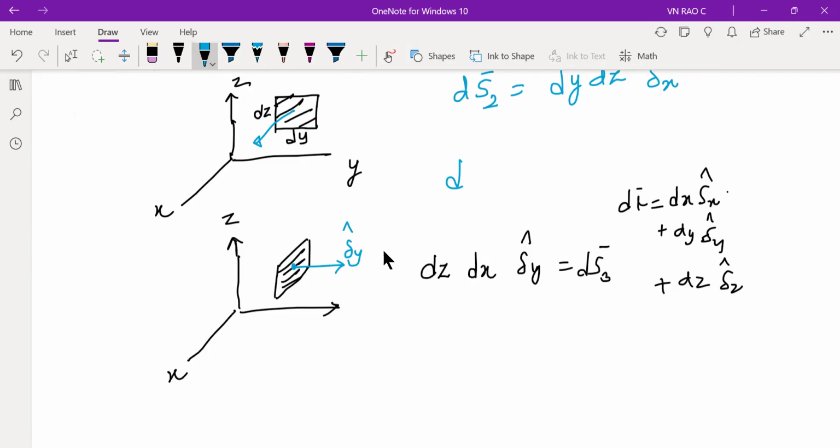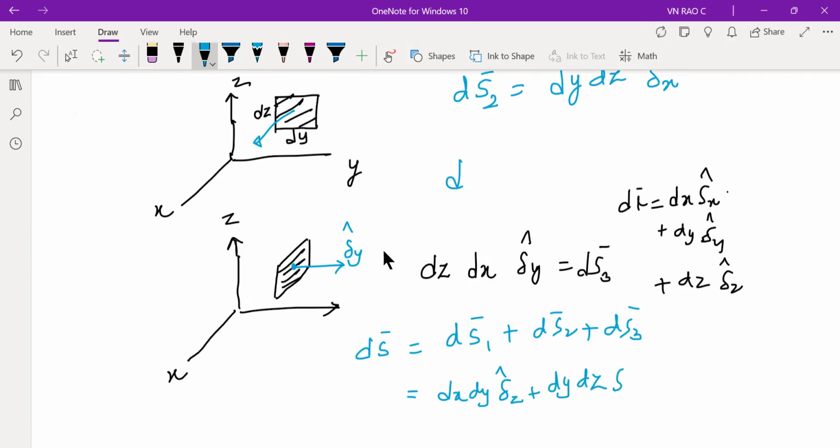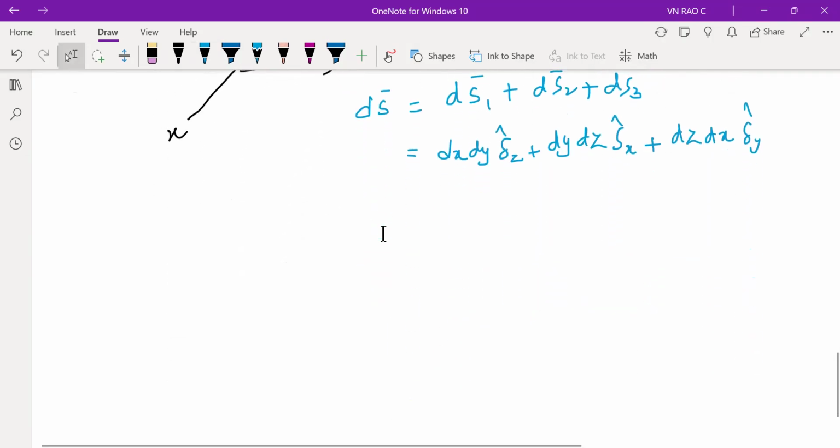So ultimately, the differential surface is nothing but ds1 plus ds2 plus ds3. So just add them: dx dy delta z plus dy dz delta x plus dz dx delta y. So this is our differential surface.